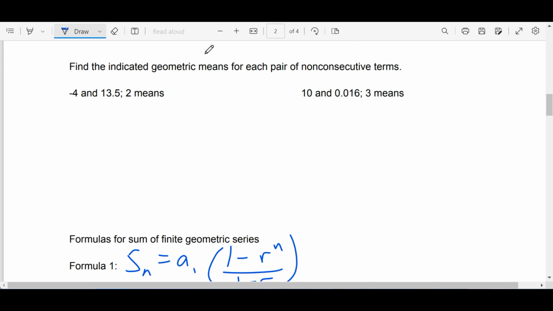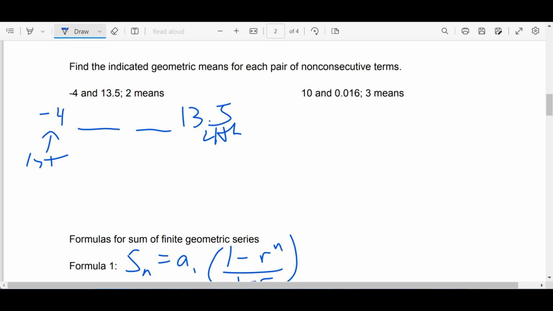All right. So find the indicated geometric means for each pair of non-consecutive terms. So there's 2 means in between -4 and 13.5. So that means we're going to call this our first term and this one our fourth. Okay.